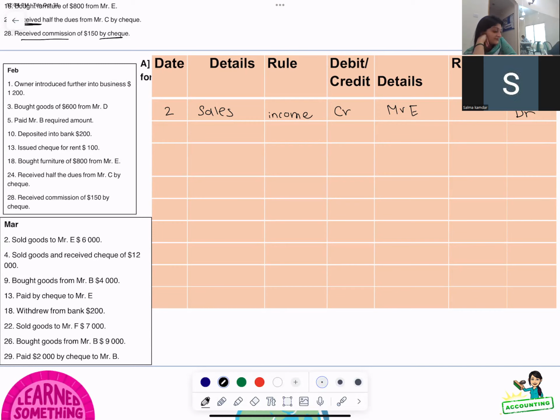Sold goods, received the check. Think from sales. Sales is what? Income. Income is what? Coming in. It comes in, goes out. Yeah, lovely.